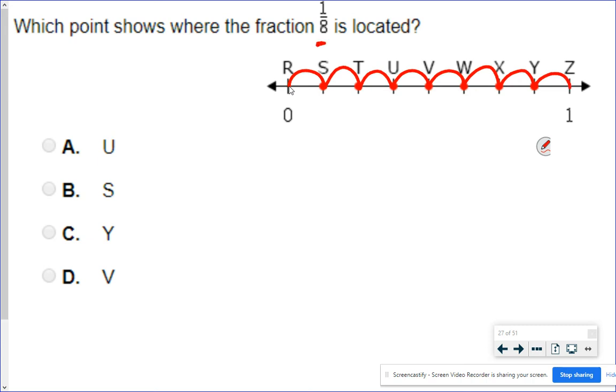And we needed to look and see what point shows 1/8. So we started at 0/8 and we jumped, and so it's actually point B that is at 1/8. Did you all figure that one out? So it is B. Good job.